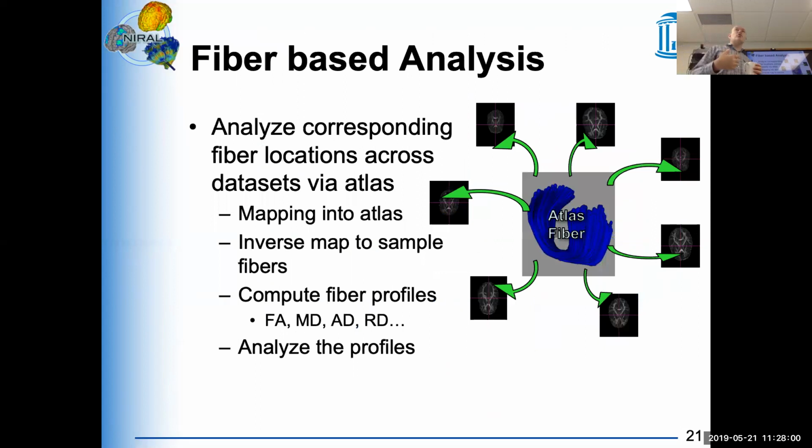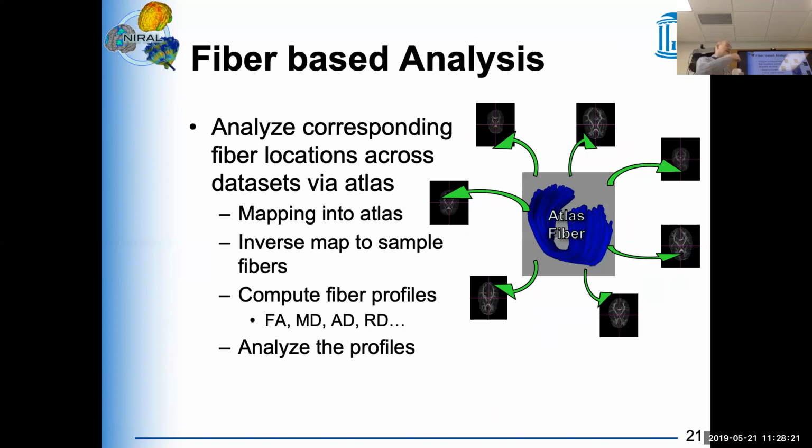Now, there's two ways to do that. One way would be to look at the FA of your data as it has been mapped into the atlas space. That's actually what's commonly used if you would run TBSS with FSL. Usually you look at the data as it is in atlas space.